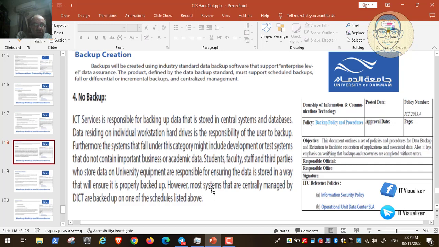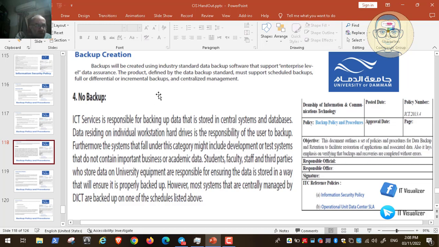Okay. However, most systems that are centrally managed, he's stressing this, by DICT are backed up on one of the schedules listed above. So it's saying here that systems within the university and their databases are backed up, and as for the file shares and the documents of the users, they are also backed up because they are on a file server or stored in a centralized location.